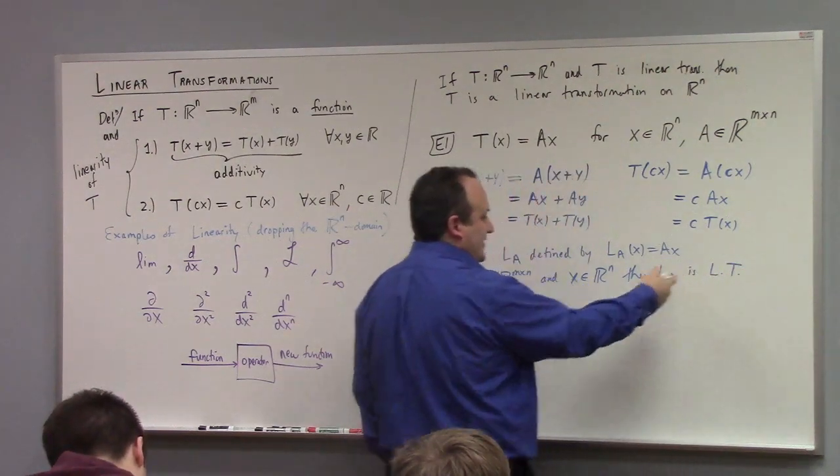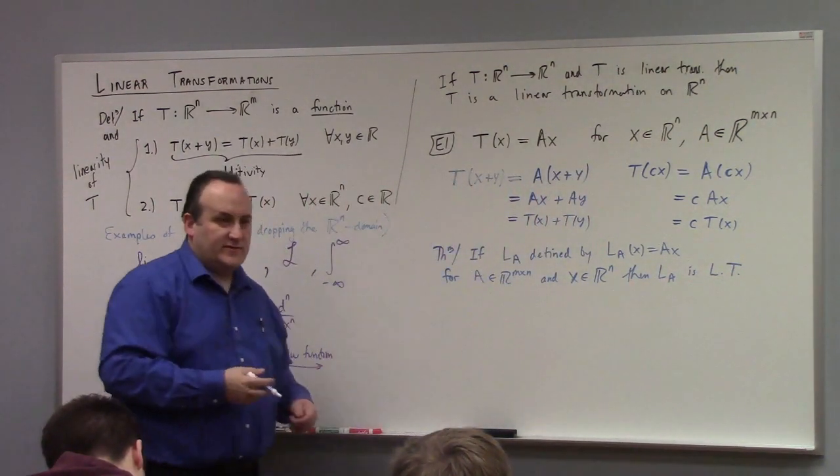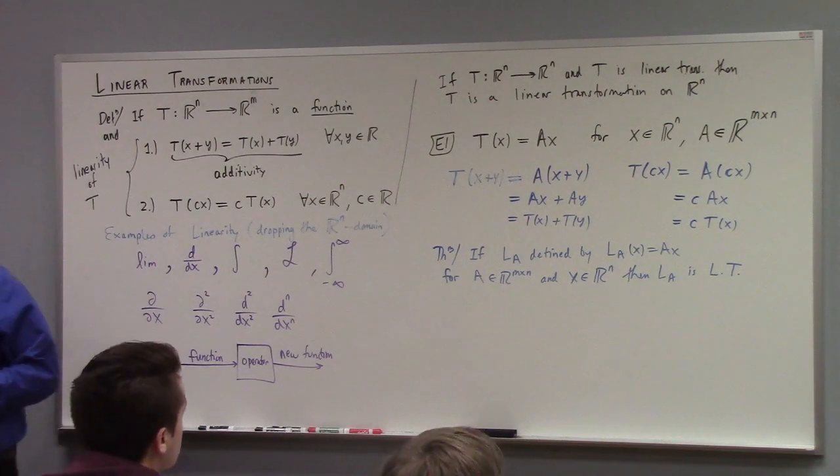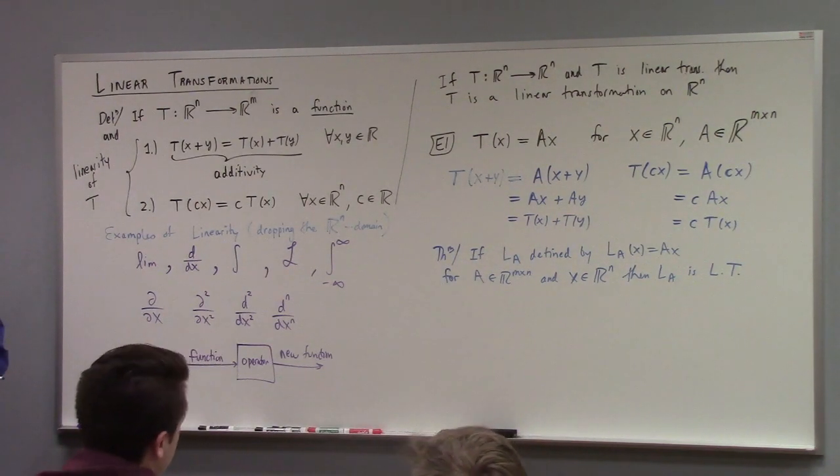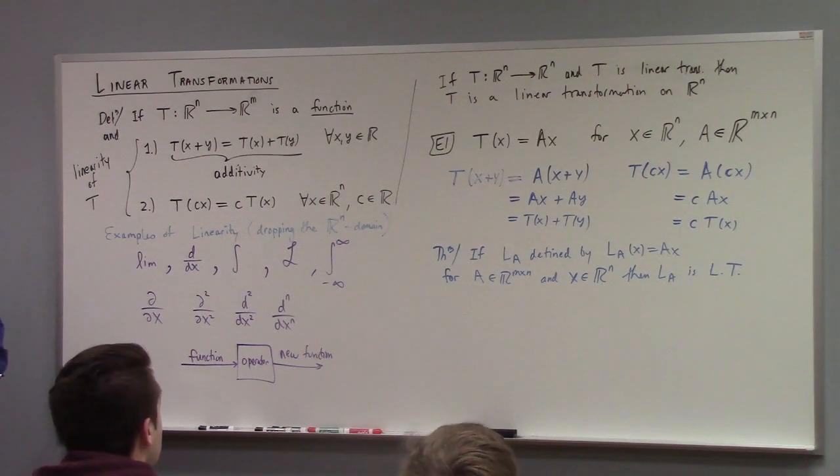Oh, by the way, that seems like a nice abbreviation, LT, linear transformation. Let's go with that, unless you guys just want to keep spelling out linear transformation another 1,000 times in this course. So we can call it LT.